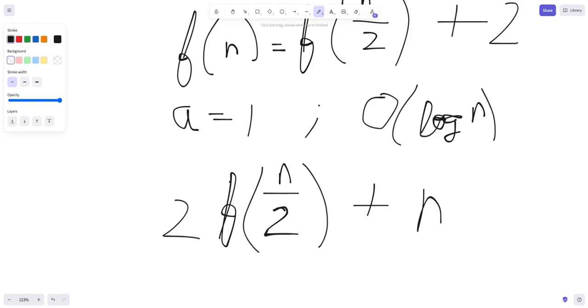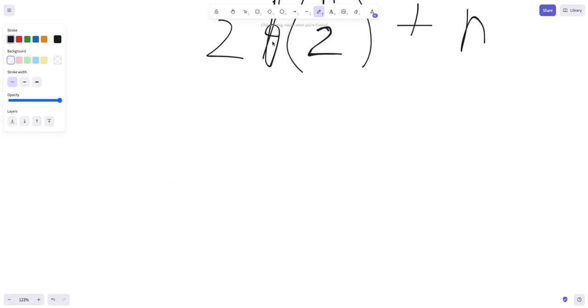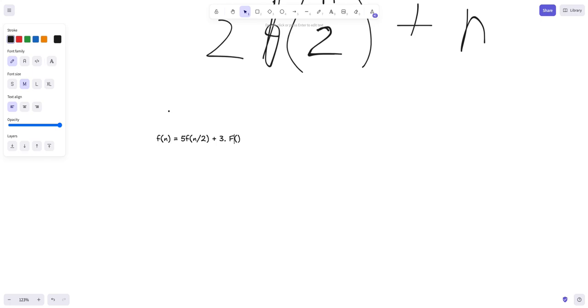But before that, I'd like to show you one example where we use the case where n is equal to b to the power k. Okay, so we have f of n is equal to 5f of n over 2 plus 3, and we have f of 1 is equal to 1.